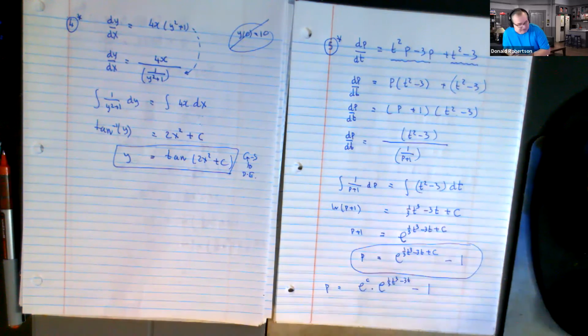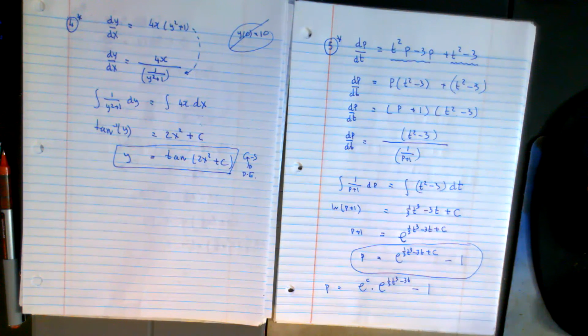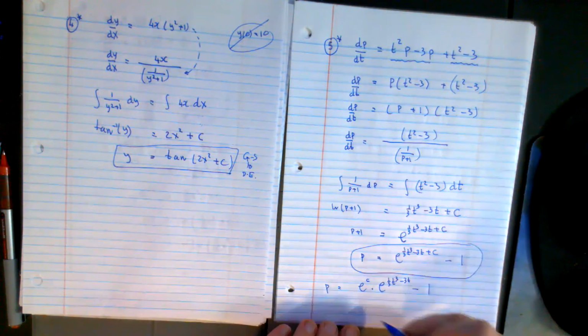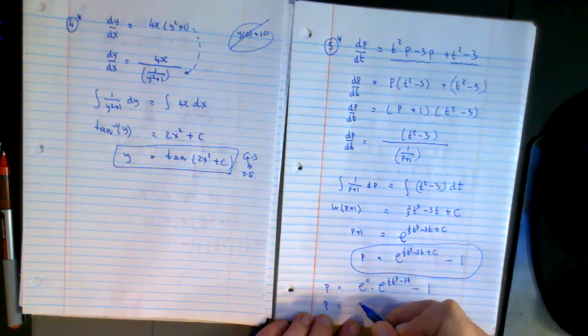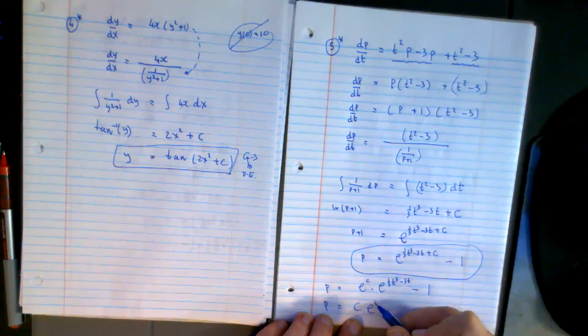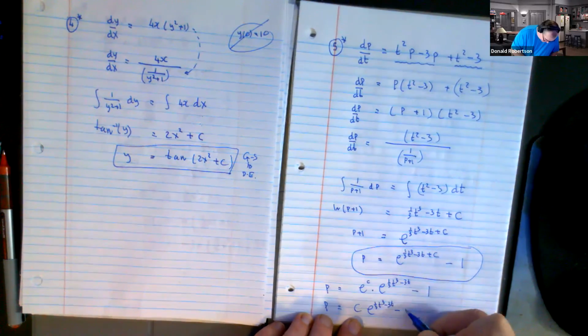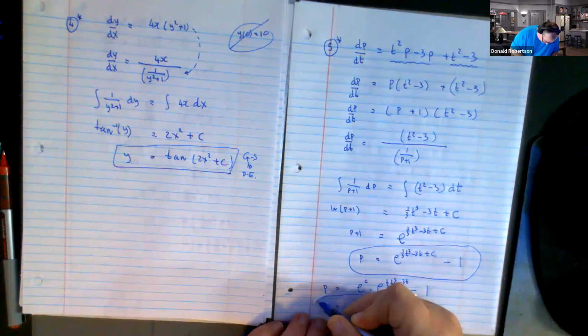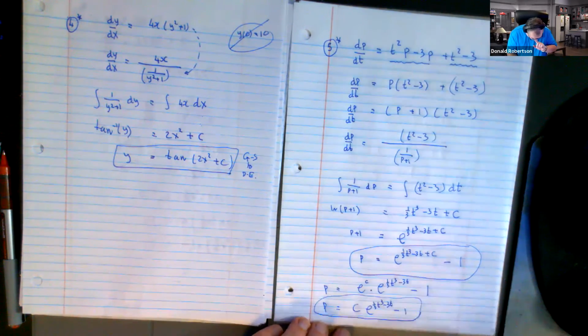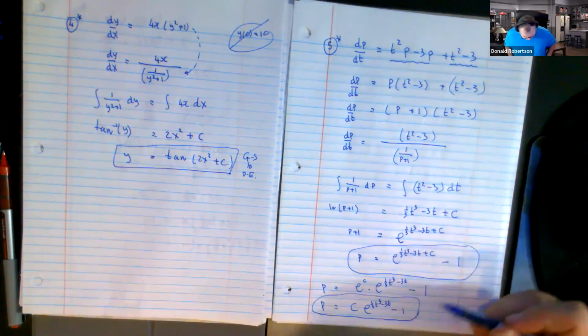What do you think e to the power of c could be called? Is that still just C? Yeah. And that would be another equivalent in every way to this one.